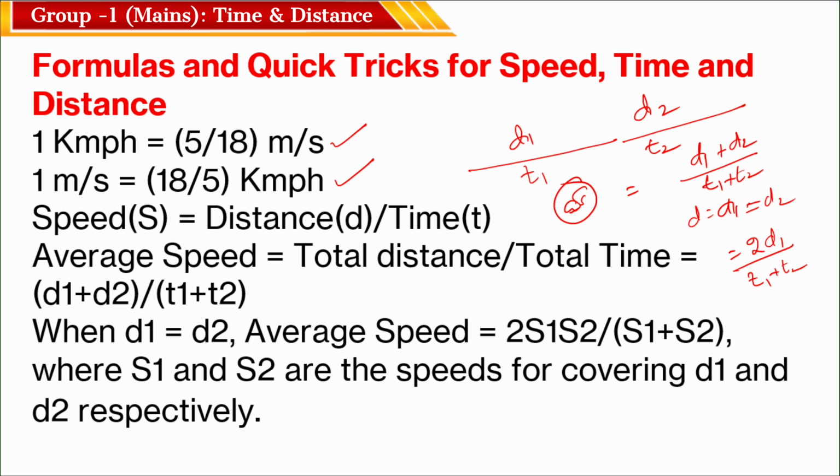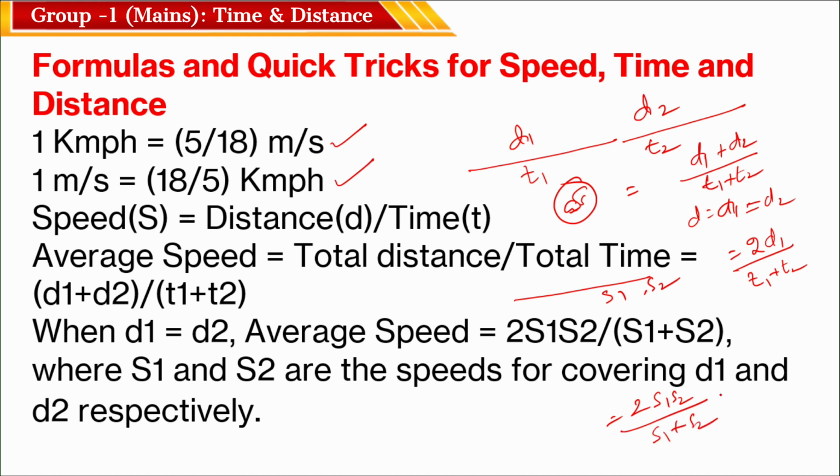If you travel the distance first with s1 speed, then the same distance with s2 speed, then the average speed, when time is not given, is simply 2 s1 s2 by s1 plus s2.